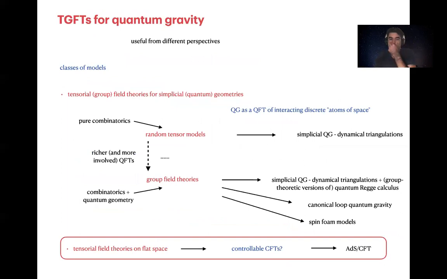Let's move on to a second class of tensorial field theories with an interest for quantum gravity, those that are simply tensorial field theories on flat space. We are going to see that the combinatorial results of random tensor models do in fact play an important role also in this apparently different context.